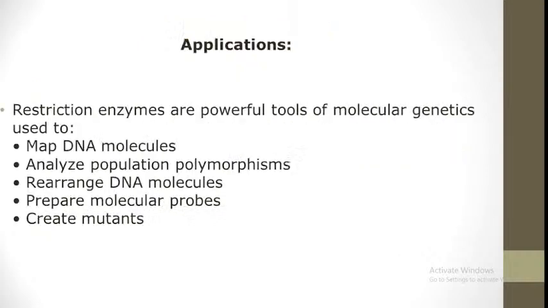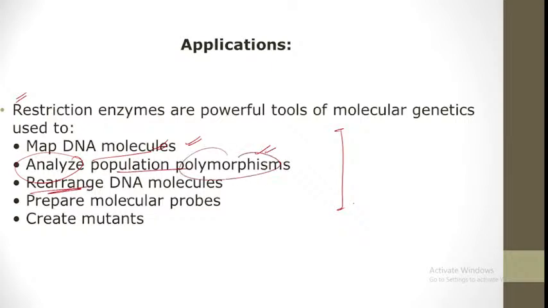Now we have the main thing, the applications. The other 3 points are not of that use; we'll understand them some other time. So what are the applications of restriction digestion? It is used to map the DNA molecules. It is used to analyze population polymorphism.